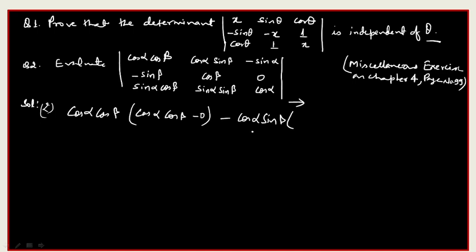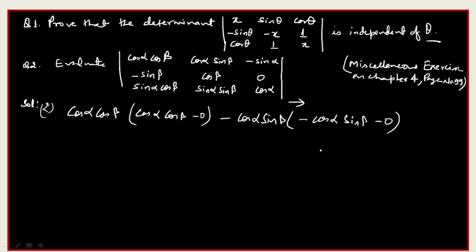I am evaluating the determinant by using row 1. So minus cos alpha sin beta will give minus sin beta cos alpha. So minus cos alpha sin beta, and then minus sin alpha cos beta into 0. So it is minus 0.